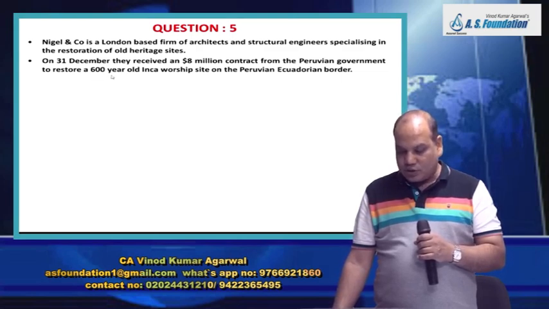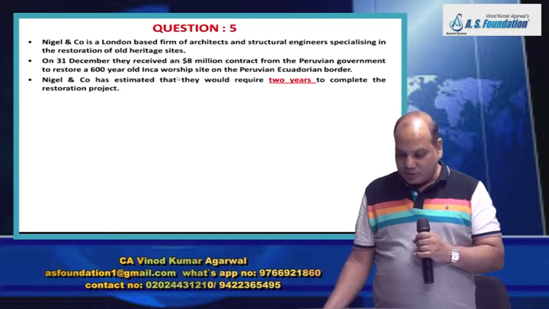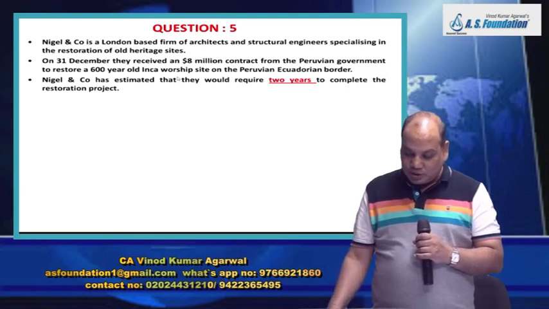To restore a 600-year-old Inca worship site on the Peruvian Ecuadorian border. Okay. So what is the performance obligation? Restoration of a 600-year-old Inca worship site. Some kind of temple probably. Old temple restored.